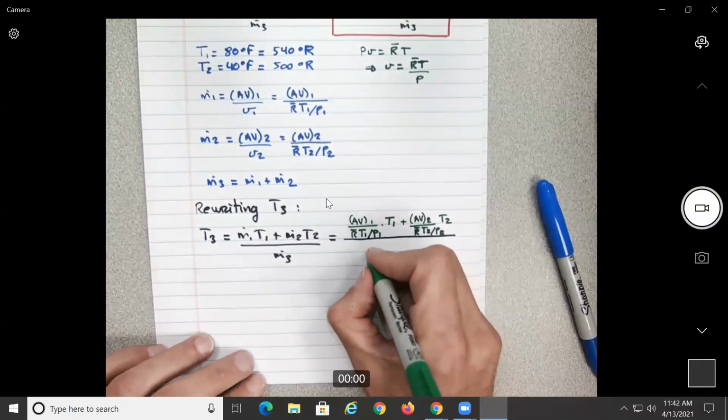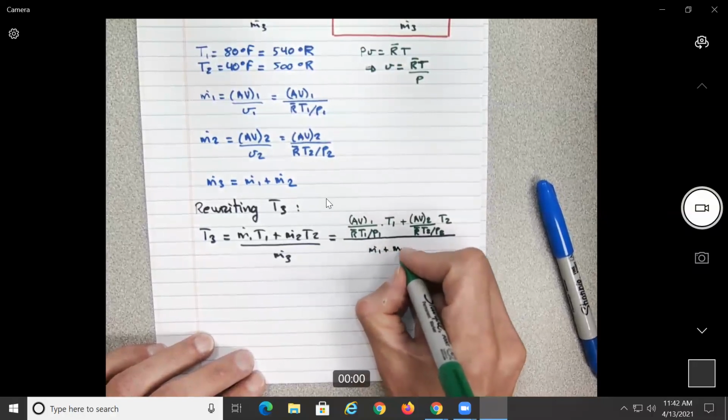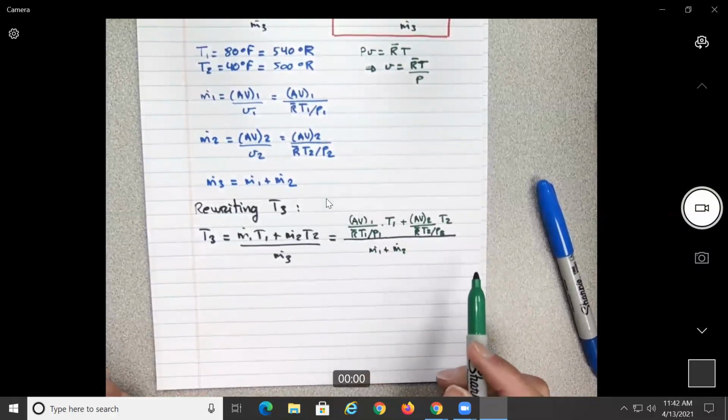And M3 is M1 plus M2. Okay, so now I see what's happening.